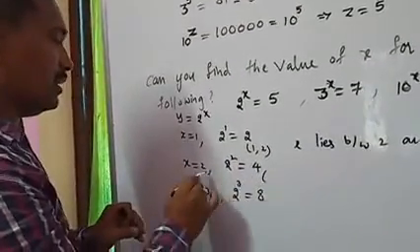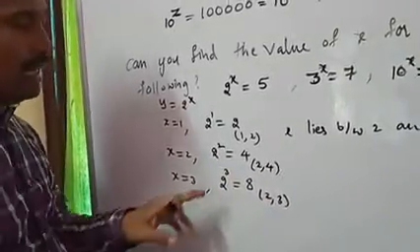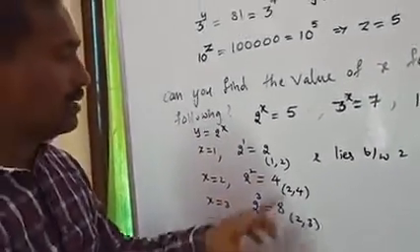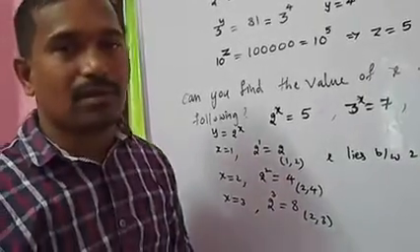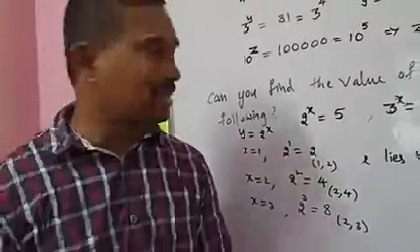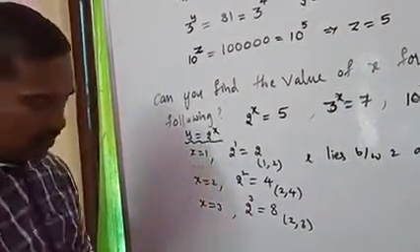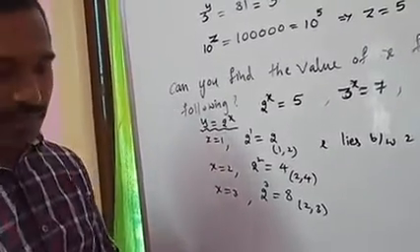Next, 2 comma 4. If you denote these points on the graph, we can get the y equal to 2 power x graph.